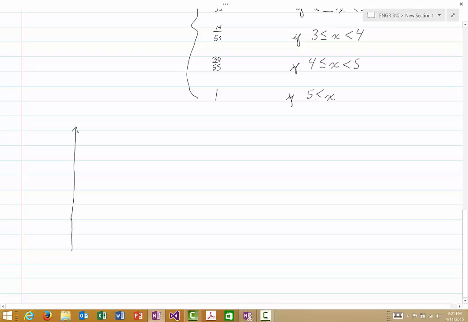Let's maybe try to do this the same way we did before. Let's say, well, no, let's say 1 and 0.9, 0.8, 0.7, 0.6, 0.5, 0.4, 0.3, 0.2, 0.1, and 0.0.